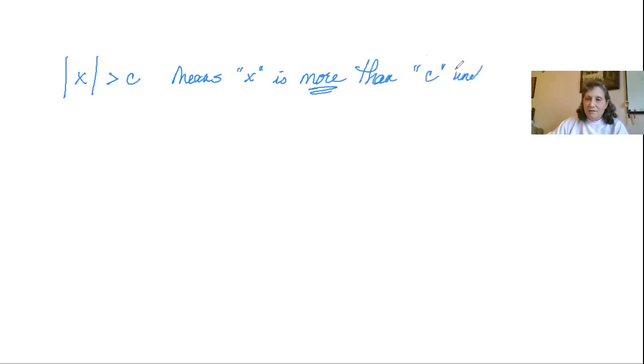One more possible condition that we could run into, and that would be where the absolute value of x is bigger than some number. This means x is more than c units from 0.